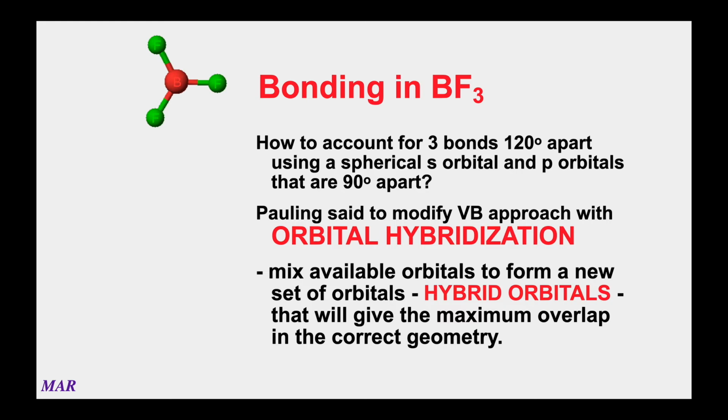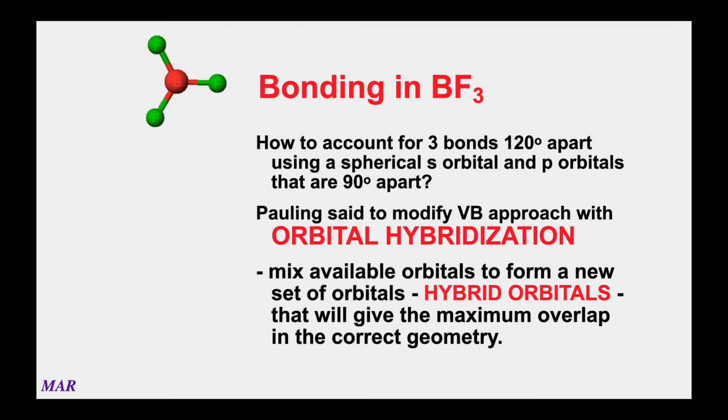So these hybrid orbitals are really interesting, all right? You literally take the atomic orbitals, you mix them together, and out pop these new hybrid orbitals. And because they're all essentially at the same energy, they're going to try and be as far apart from each other as possible, and that's how we get the correct geometry.